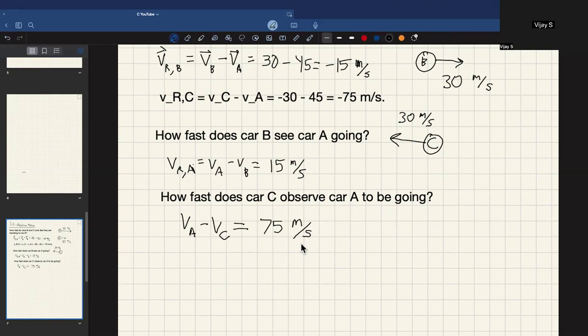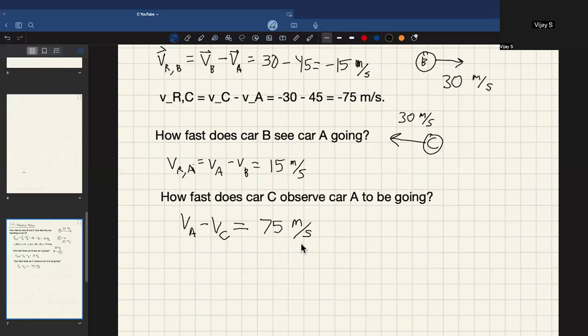Here, what you can see is that if you have negative relative velocities, if you have negative results here, that means that you have a velocity pointing to the left. Whereas if you have positive velocities, that means that your object is moving to the right. And so you also have to keep in mind how your original object was moving.